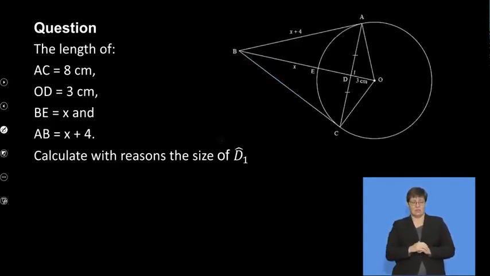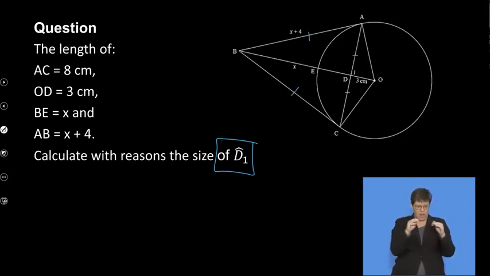Now, to calculate with reasons the size of D1, that's the first thing we need to find. We know that as soon as this is equal to that, because they are tangents from the same external point, and AO is equal to OC, it then makes ABCO a kite. So what do we know about a kite?